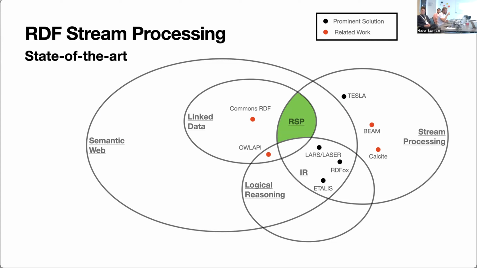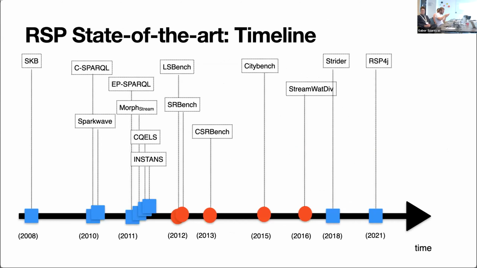But I'm going to focus on the green side, which can be seen chronologically like this. Everything started in 2008 with the streaming knowledge base. Then a bunch of systems were developed over time, systems and query languages that extend SPARQL for continuous processing. By continuous processing, I mean that out of a stream of data, I will receive a stream of answers.